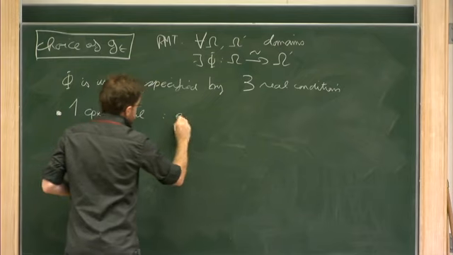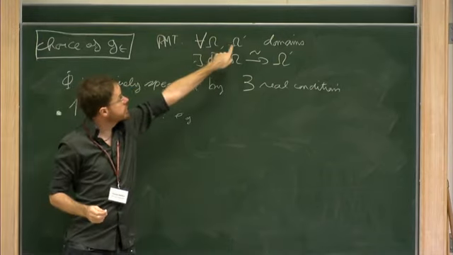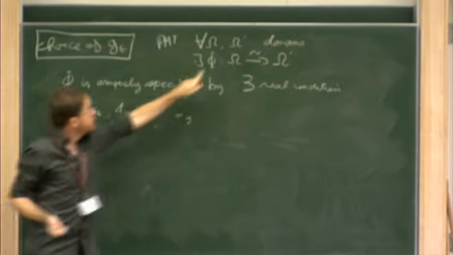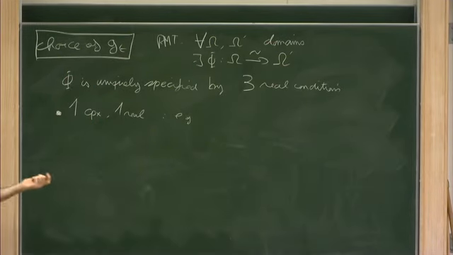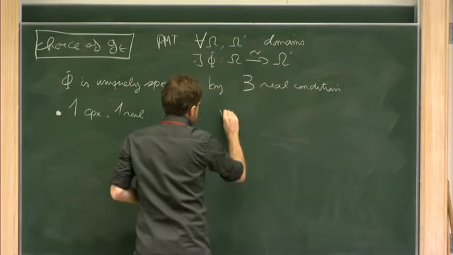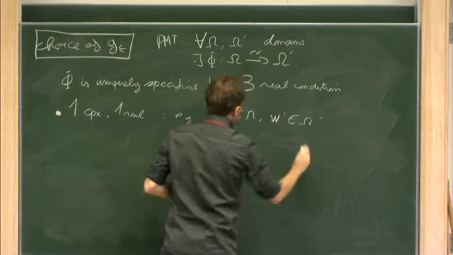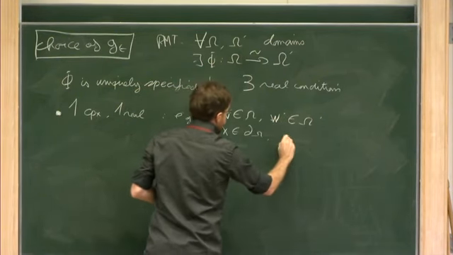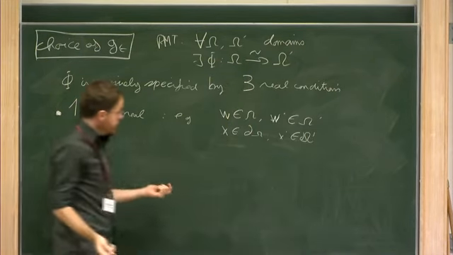So typically you fix 1 point in omega and 1 point in omega prime, so this will be a complex number, and maybe 1 point on the boundary and 1 point on the boundary. So fix w in omega, w prime in omega prime, and fix x in the boundary of omega and x prime in the boundary of omega prime.